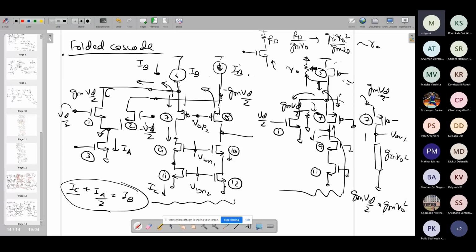But now if you are considering real ros or finite ros, then you need to take into account the division between these three ros at this point, because M5 is also providing ro, M1 is also providing ro, and the impedance looking into the source of M7, that means the stack of M7, M9, and M11, is also equal to ro. Therefore, there are three ros. So 1/3 of that current, gm Vd by 2, actually goes into the stack of M7, M9, and M11. Is that clear?